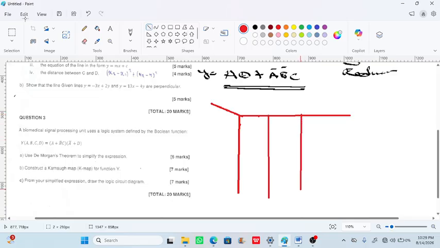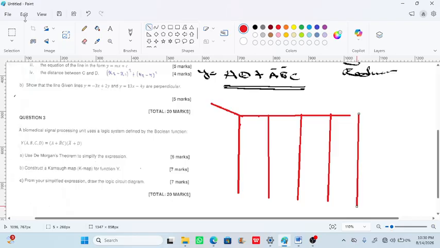We have 1, 2, 3, and the last one here. That one becomes our last column.